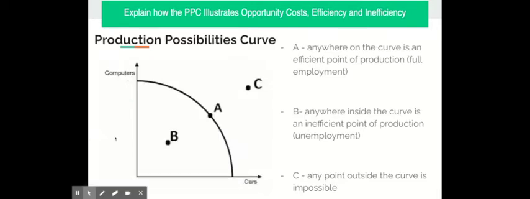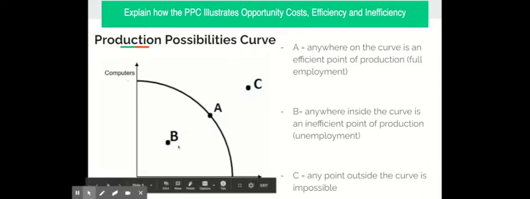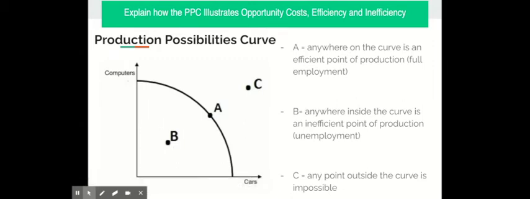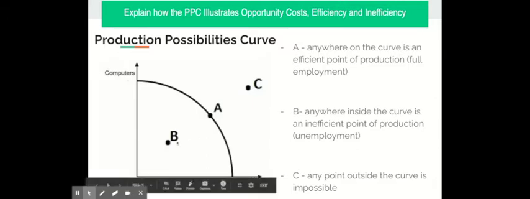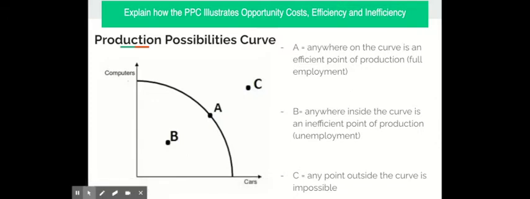Letter B is going to be anywhere inside the curve. And this is going to be an inefficient production point. This is going to be representing unemployment. If you're inside the curve, you're having inefficient production. You're not making as much as you should be able to. Maybe you have unemployment. Maybe people aren't working. Or maybe you have machines that are just sitting there not being used or metal that's going to waste anywhere inside this curve.